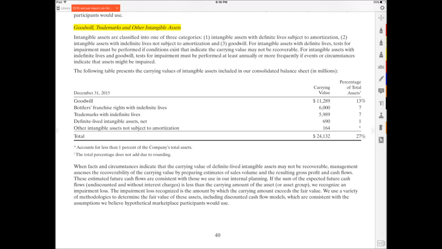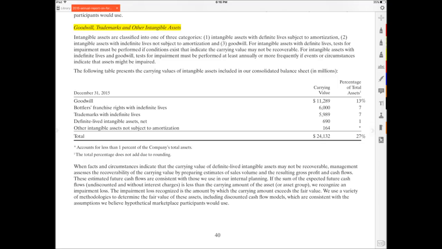Moving ahead to page 40, this is a page that is not particularly unique to Coca-Cola, but it just happens that their goodwill is as big or bigger than almost any company that you'll look at. So it's an interesting page. Goodwill, trademarks, and other intangible assets. Now, that word intangible means you can't touch them.